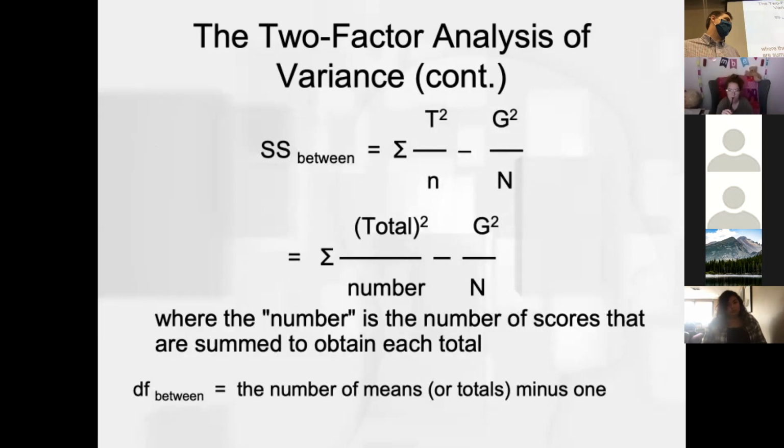And you're adding that to the next cell's T squared divided by the number in that cell. You could just represent this the same way: it's the total squared divided by the number, minus G, the grand total squared, divided by the total number of participants. This isn't saying anything new, just regurgitating.